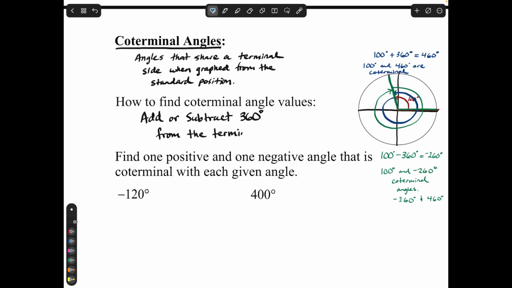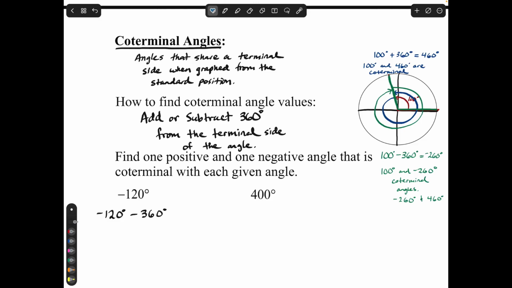So down below it says find one positive and one negative angle that is coterminal with each given angle. So the first one we have negative 120 degrees. If I want to come up with another angle, let's do the negative first. Negative 120 minus 360 degrees would give us negative 480 degrees as a coterminal angle.